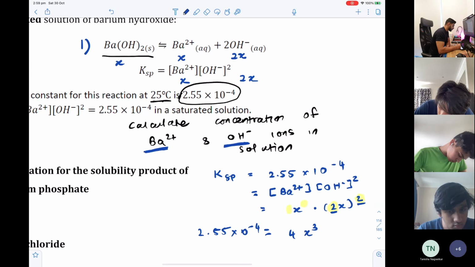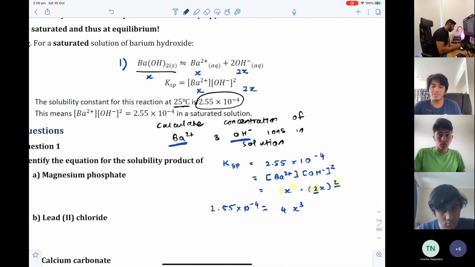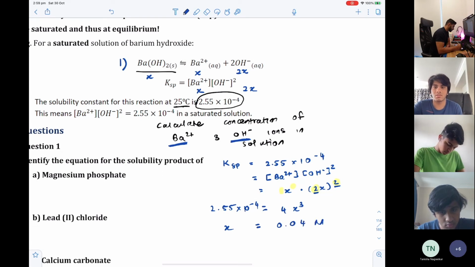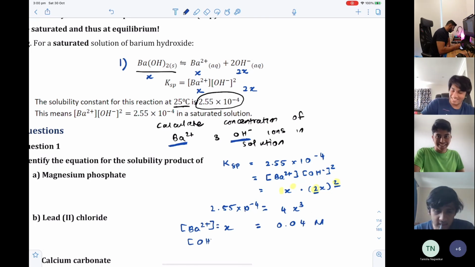What's X equal to? What did you get, Mithilesh? I got 0.04 moles per liter. 0.04 moles per liter. Okay. So that's equal to the concentration of barium. What about hydroxide? 0.08 moles per liter. Good. And how many sig figs? Yeah, I didn't really do sig figs, but I should have. Good. So what would you do now if now you know that sig figs should be done?